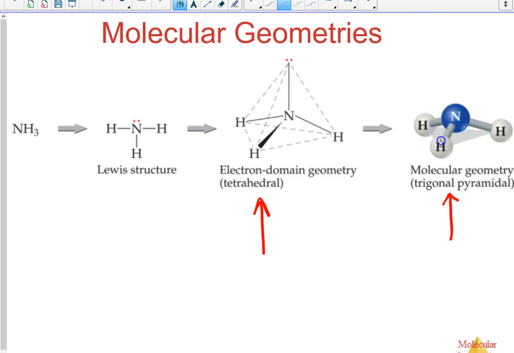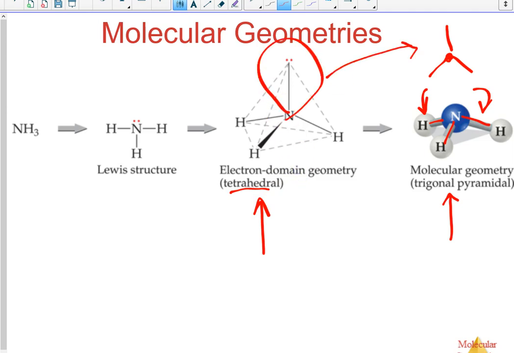Because if you think about it, there's 3 things around a central atom here, right? So this should be just straight up trigonal planar. But this is not trigonal planar because these are bent down. Can you see that? So there had to be something to force them away, and they were forced away because this was a tetrahedral electron-domain geometry, and this pair, which we don't draw in the molecular geometry, pushes these away.